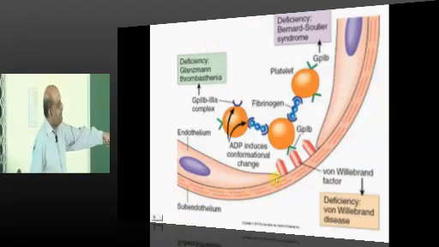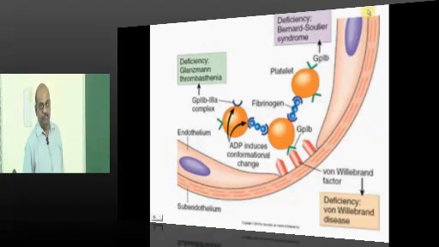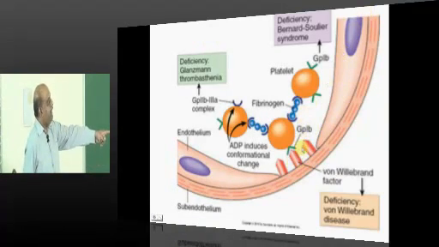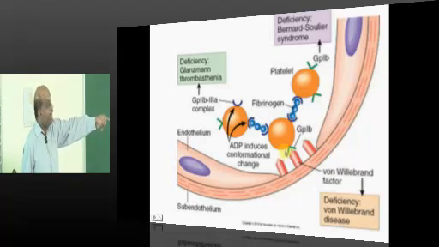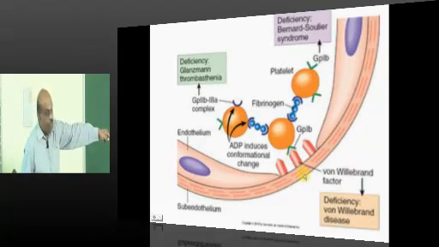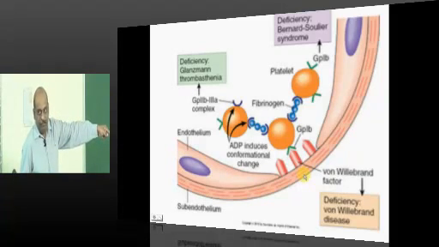See doctor, this is the vessel subendothelium. Then there are receptors on the platelet called the GP1B receptor. It binds with the von Willebrand factor and makes the platelet adhere to the subendothelium.